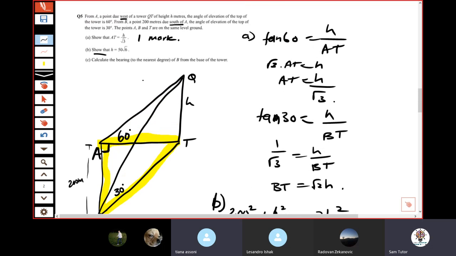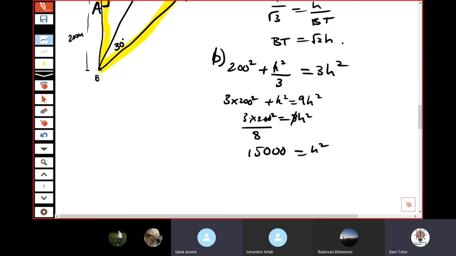And then of course it gives you the clue here. 15,000 is 50 squared times 6. So the idea is that becomes h equals root 15,000, which is 50 root 6. If you want to double check it in your calculator, you can plug them both in and you will see that it works.